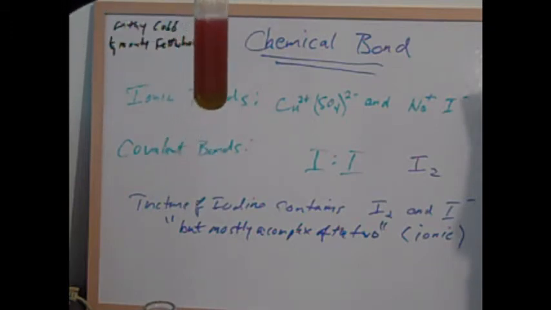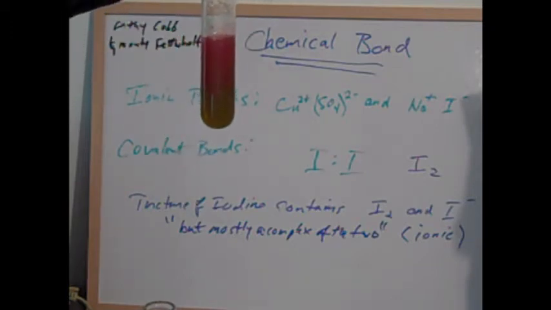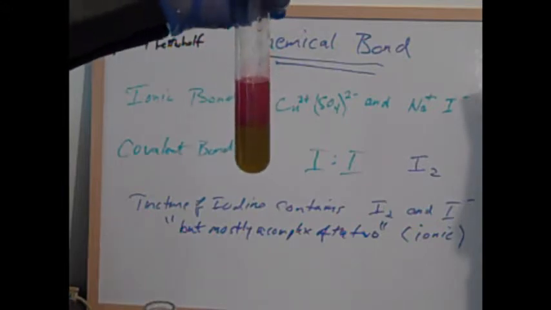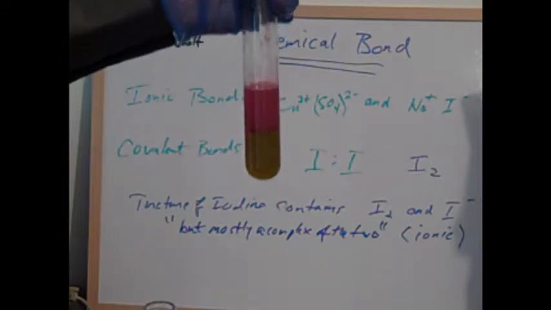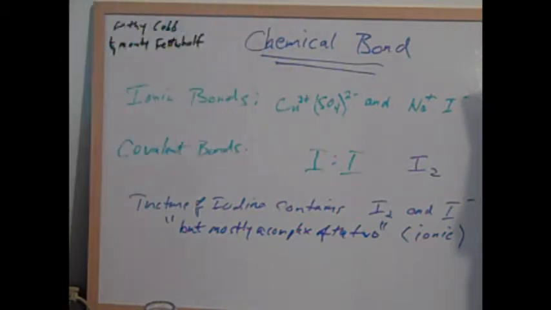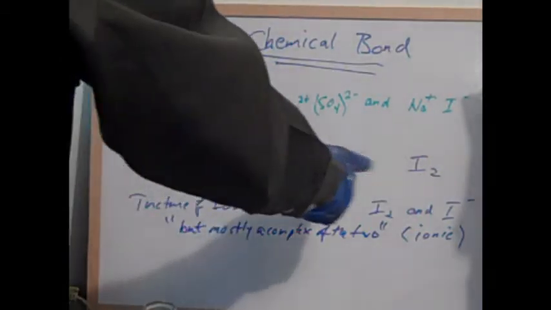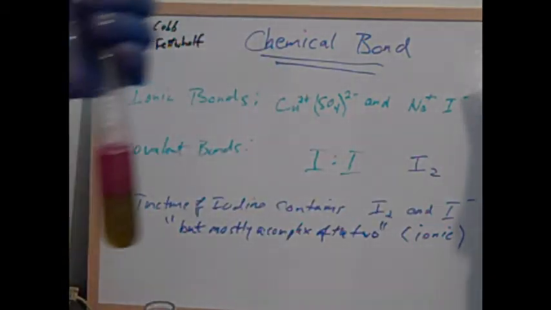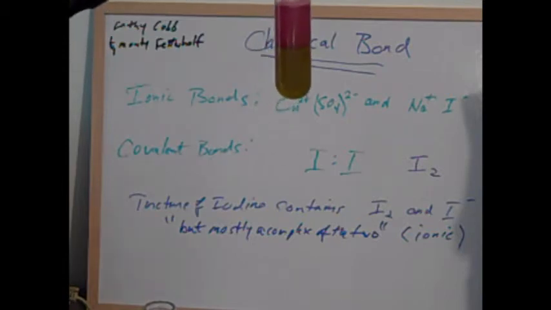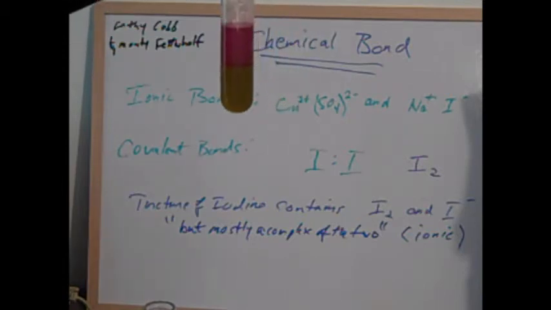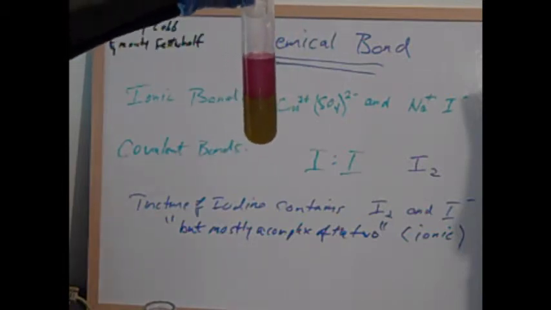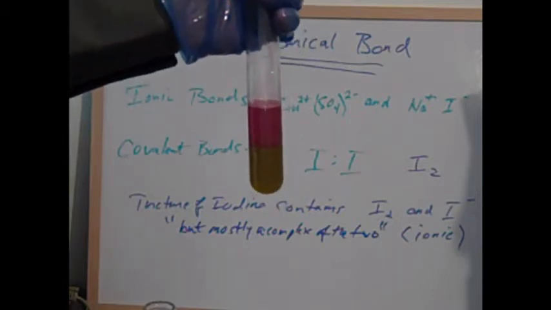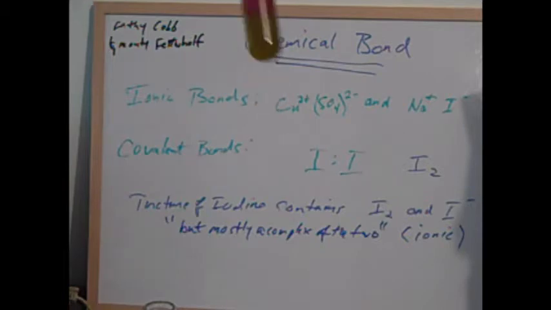But what happens here, and in the book it's explained, is that the copper sulfate, you'll learn later how this happens, oxidizes this mixture of I2 and I minus so that there's hardly any I minus. And it's all I2, so there's no longer any complex. Only I2 is left, iodine, and iodine is covalent. And it dissolves in the mineral oil.